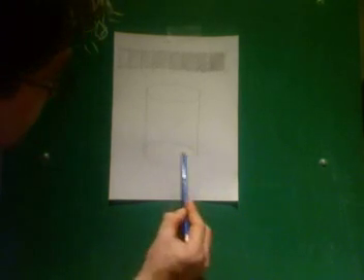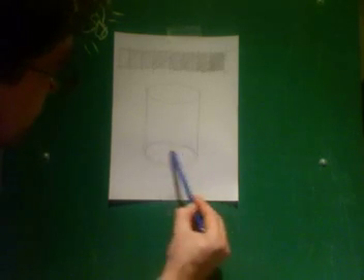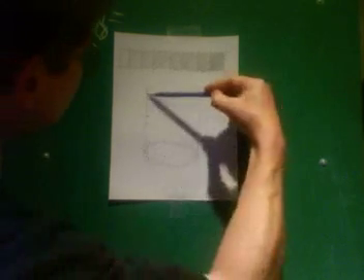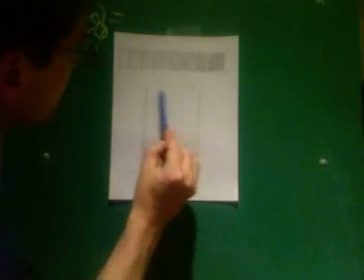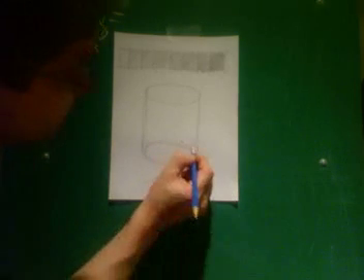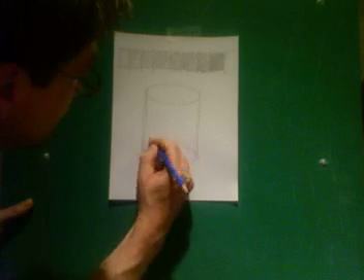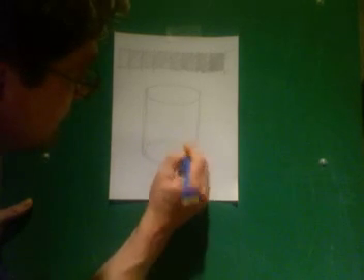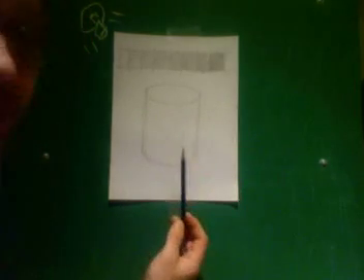So there's an oval. I'm going to make mine a little darker so that you can see it in the video before I start the shading. And then I'm going to erase the top of the bottom oval because it's no longer glass. We're shading a solid cylinder. But I draw the whole oval so that I can get the curve at the bottom correct. So now we have a can.